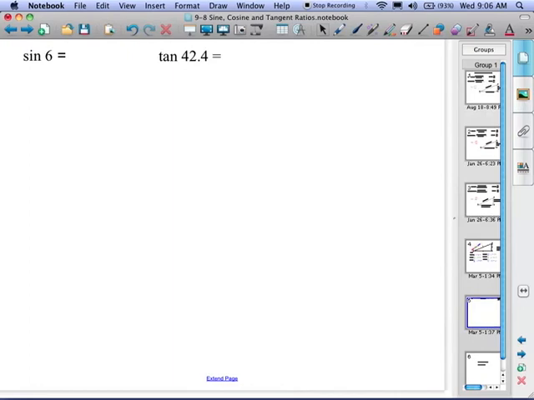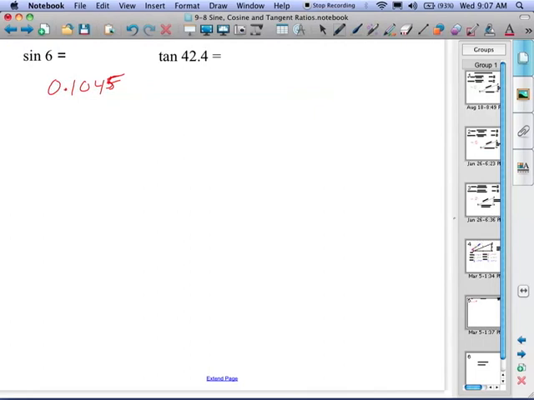So you're going to need a scientific calculator, and you will type into the calculator the sine button and then the 6 and then hit enter, and it will give you the ratio of the opposite over the hypotenuse. And so the sine of angle 6 is 0.1045.